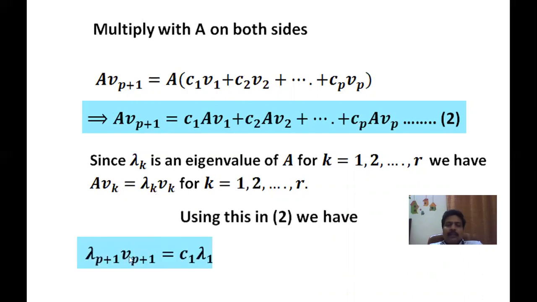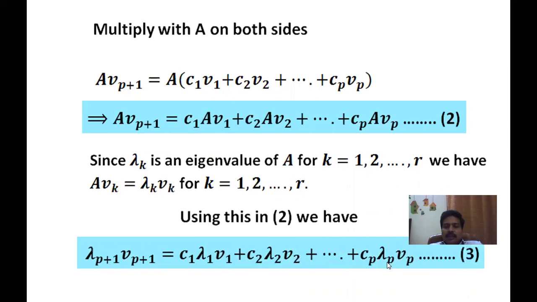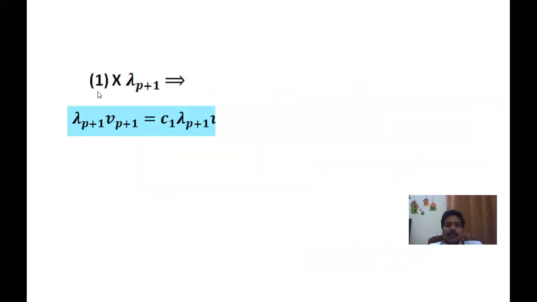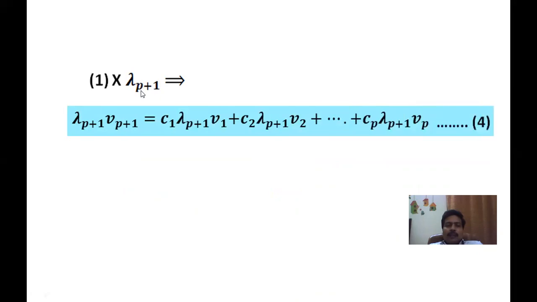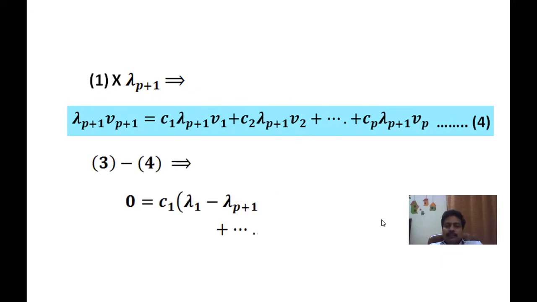After replacing, we get this equation number 3. The first equation can be multiplied with lambda p plus 1 and this is the resultant equation. And after 3 minus 4, we get this equation.